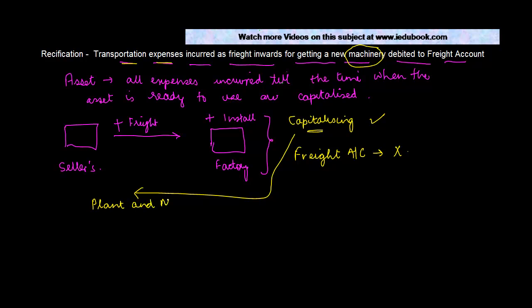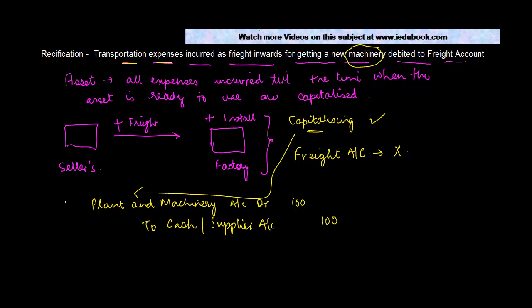Plant and machinery account debited to, let's say for example this was incurred in cash or the supplier account, whatever it was, the creditor account basically, right? Let's say the amount was 100.